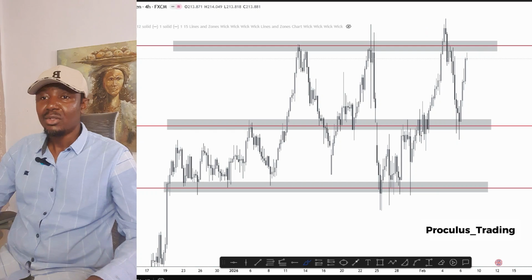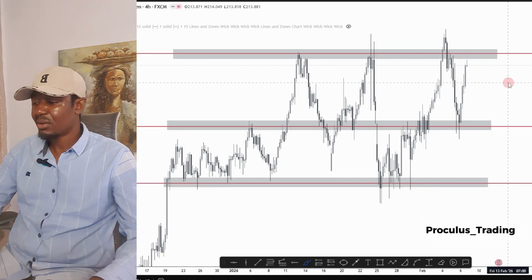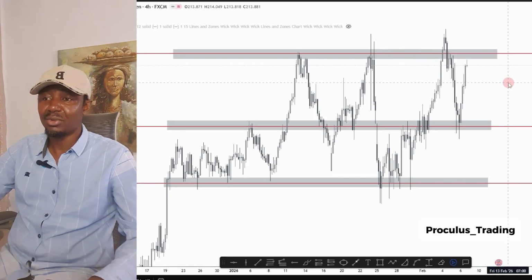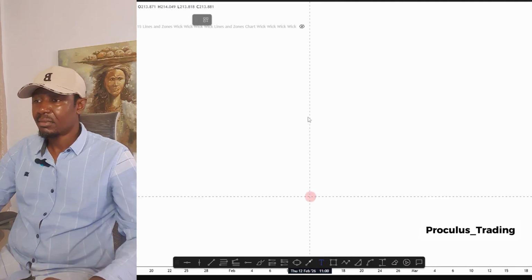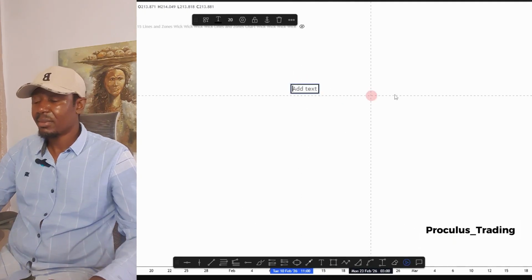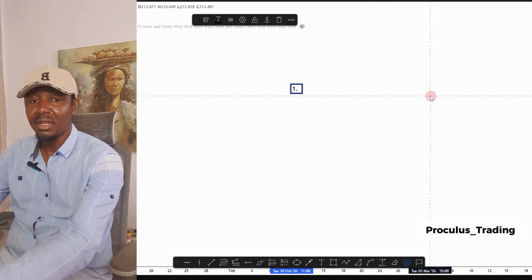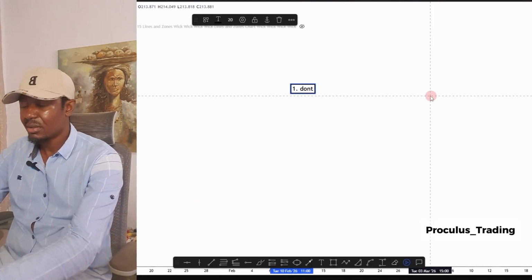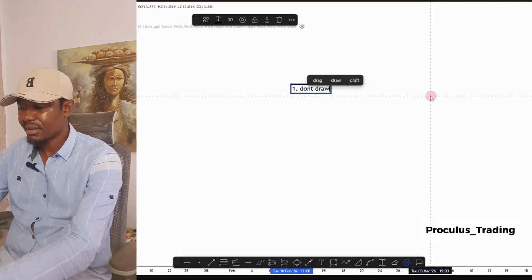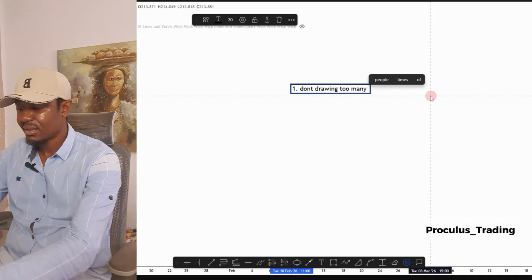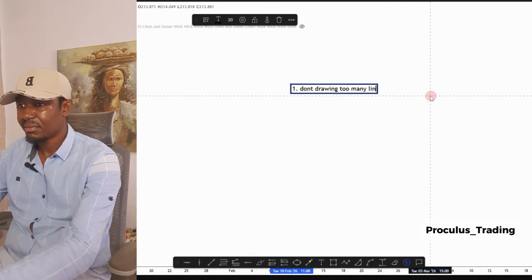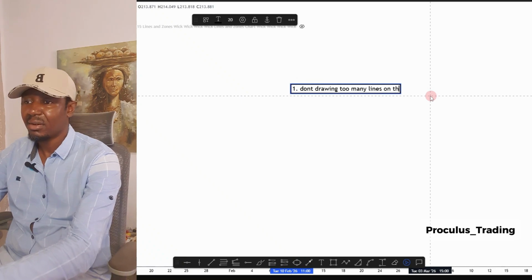Okay, so now having said that, let us look at some do's and don'ts when it comes to support and resistance. I'm going to be writing some up here. Number one, do not draw too many lines on the chart.